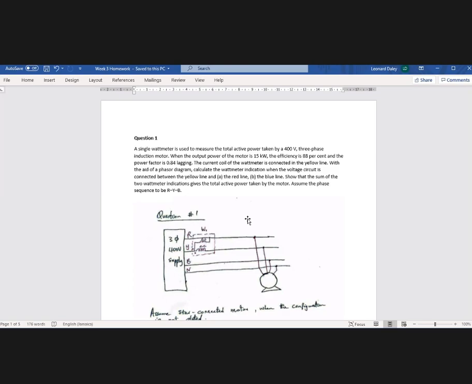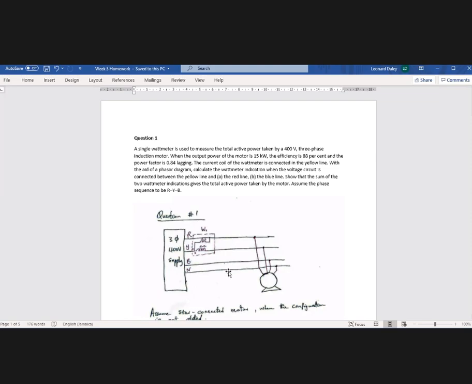They have a 3-phase load, a 3-phase motor, and 1 wattmeter, and they are going to try to find the total power drawn by this motor using the 1 wattmeter.